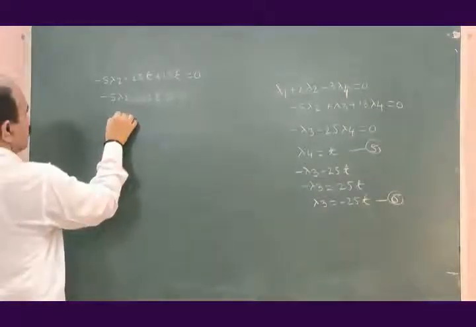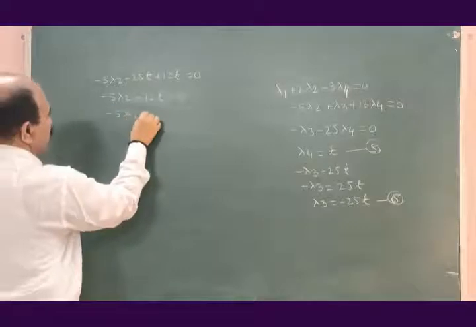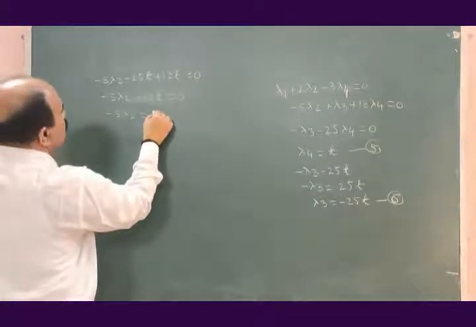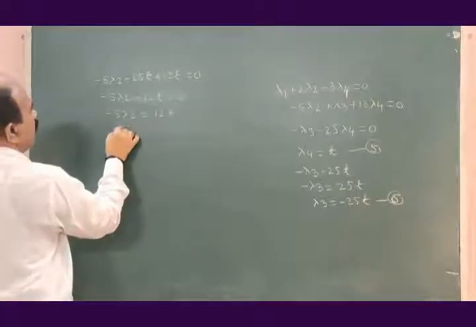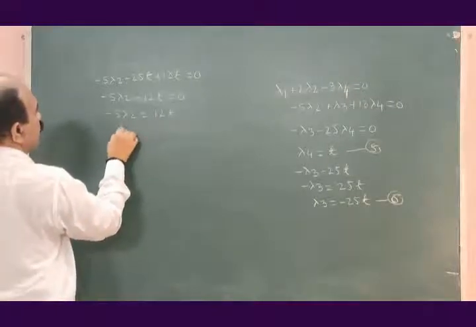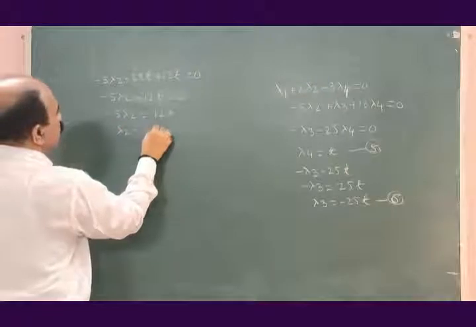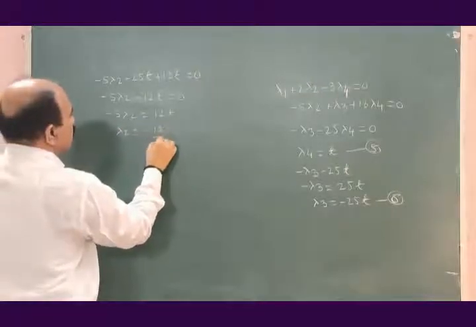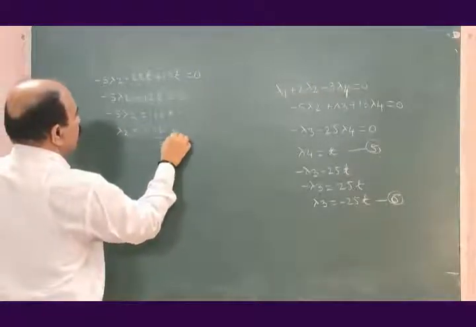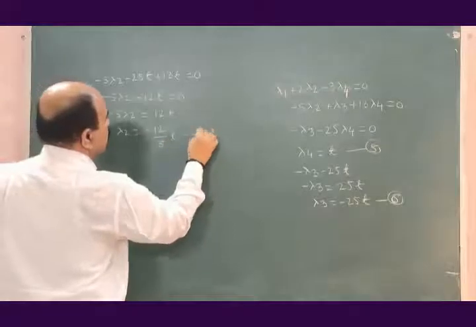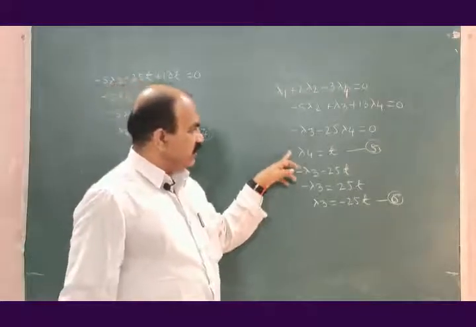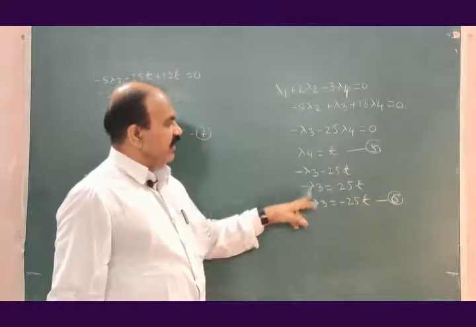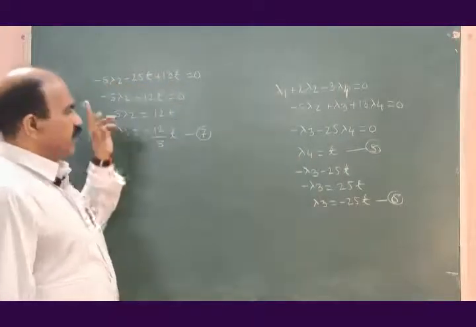Or minus 5 lambda 2 is equal to 12t. Or lambda 2 is equal to minus 12 divided by 5 t. Equation number 7. We got value of lambda 4, value of lambda 3, value of lambda 2.